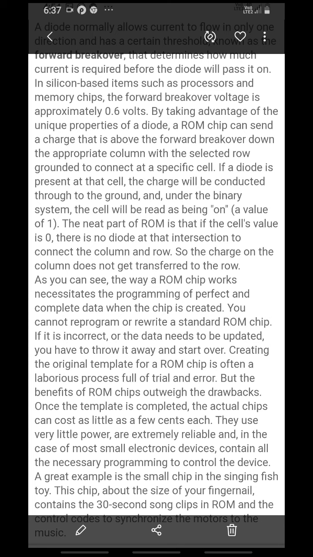As you can see, the way a ROM chip works necessitates the programming of perfect and complete data when the chip is created. You cannot reprogram or rewrite a standard ROM chip.